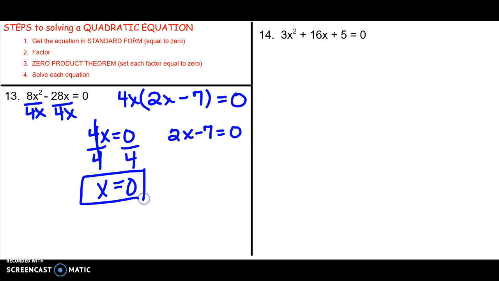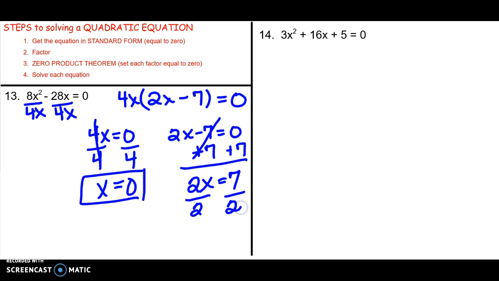That's our first solution. To get our second solution, we have to add 7 to both sides of the equation. And then we divide both sides by 2. And our second solution is x equals 7 over 2. And that's it.